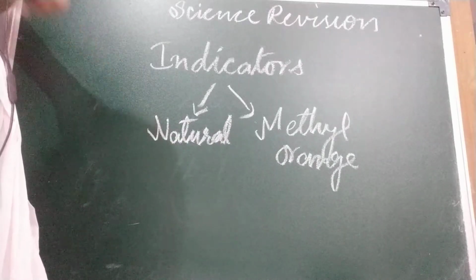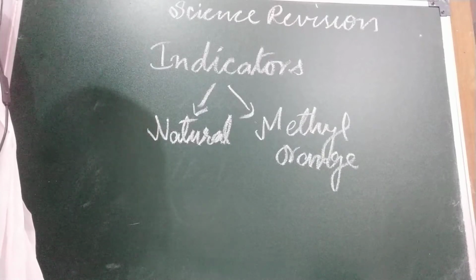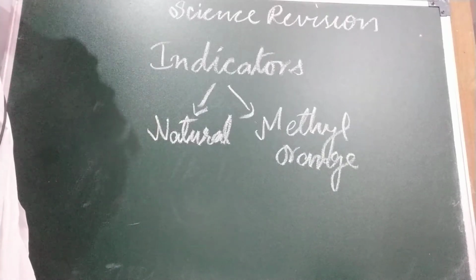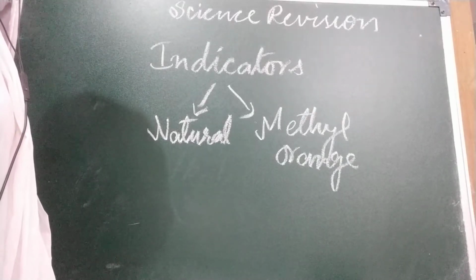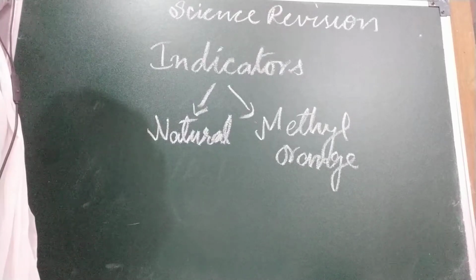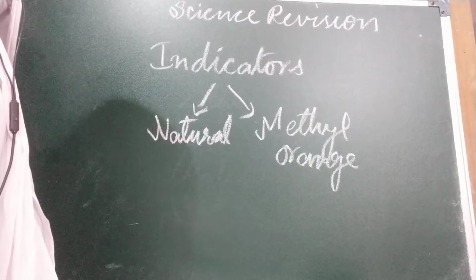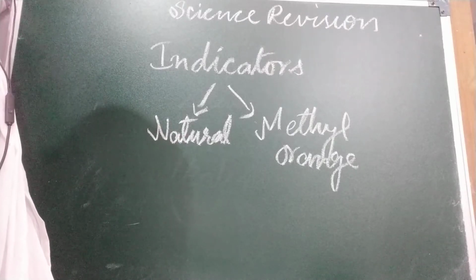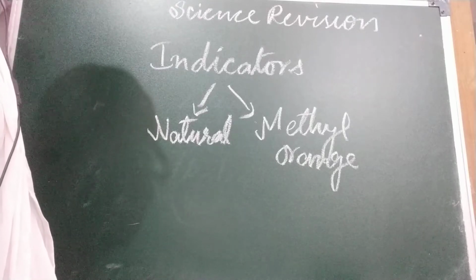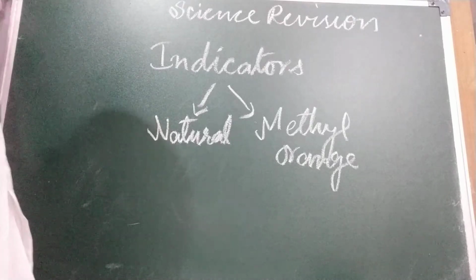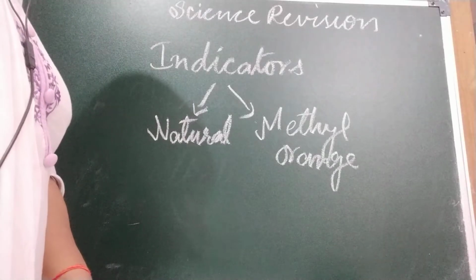If we talk about natural indicators, acid turns turmeric to a pale yellow color, and bases turn turmeric to a deep red color. Methyl orange turns red in acidic solution and yellow in basic solution. So by color change we come to know whether the substance is acidic or basic in nature.